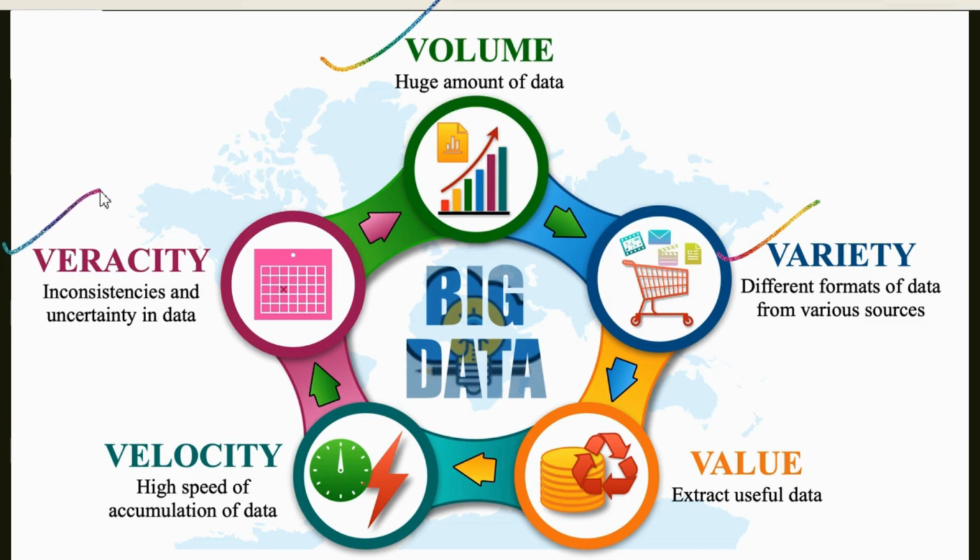Then Veracity, which means inconsistencies and uncertainty in the data. Then we have velocity, that is the high speed of accumulation of data. Nowadays data is being generated at a very high speed, so we are going to analyze the high speed of the data. And lastly we have value, which means extracting useful data.